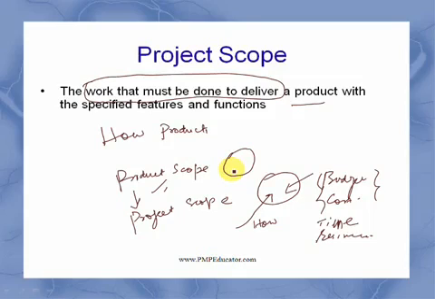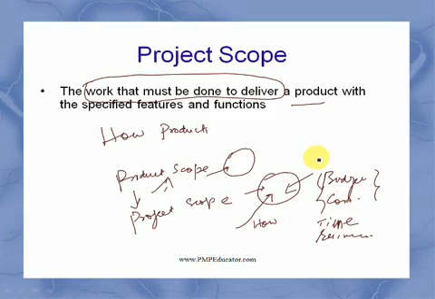If you want to refresh your memory, go back to my previous lecture, and you will get some more detail. But for this video, I just want to identify the difference between the product scope and the project scope. A product scope has a boundary of whatever features or attributes a product can have, while project scope has a boundary of how to achieve the final outcome, which is this product.